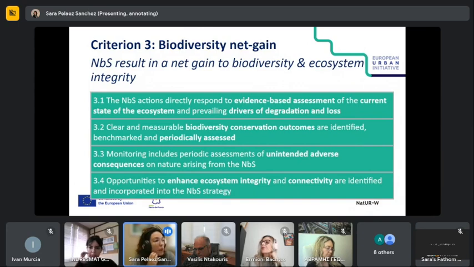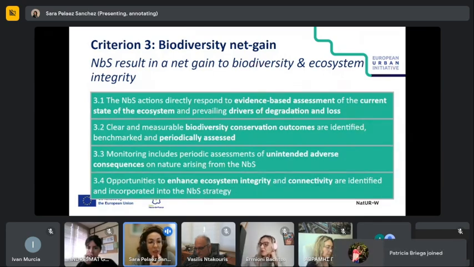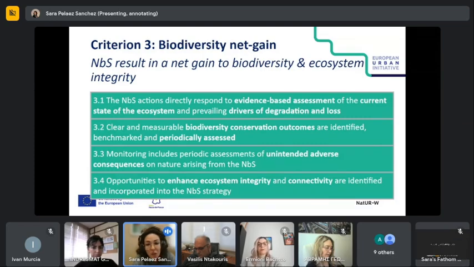So this is about biodiversity net gain. It's pretty straightforward. It has 4 sub-indicators. Basically what it says is that, first, you need to have an evidence-based assessment of the current state of the ecosystem and what is causing degradation in your area.